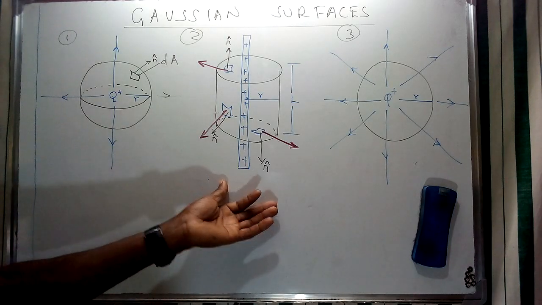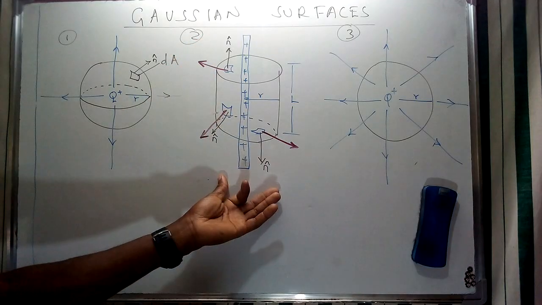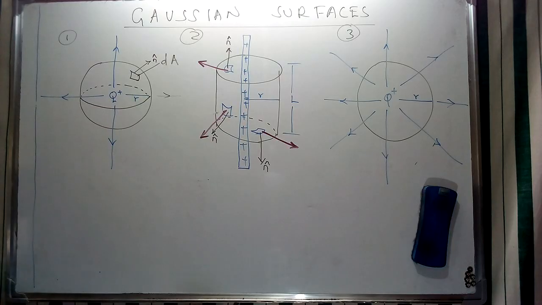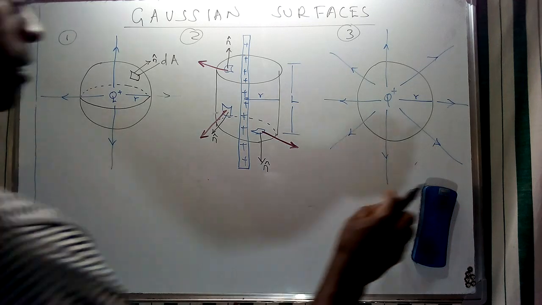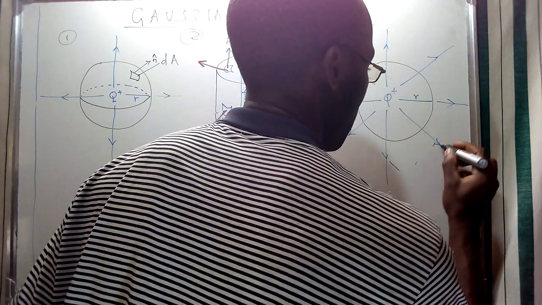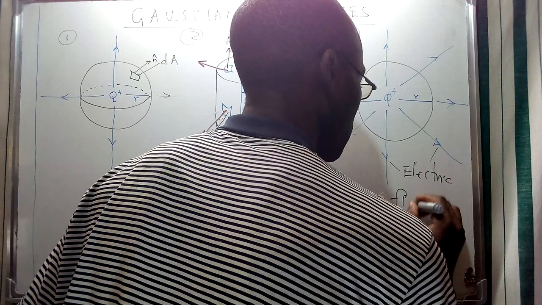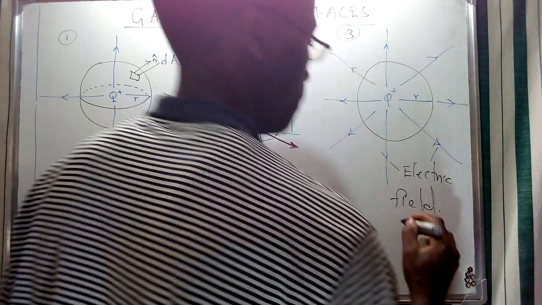In this specific case, for illustration number 2, I've given an enclosed charge, and also for 1, an enclosed positive charge. We are given characteristics of field lines, which I'm going to show using the third illustration. So this is the electric field lines which are emanating from that positive charge.